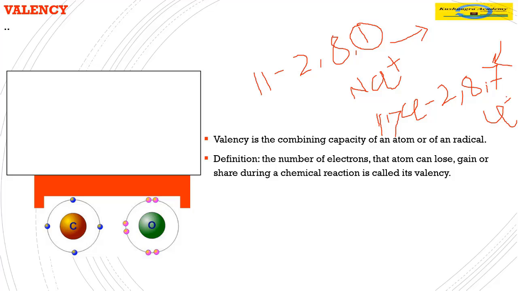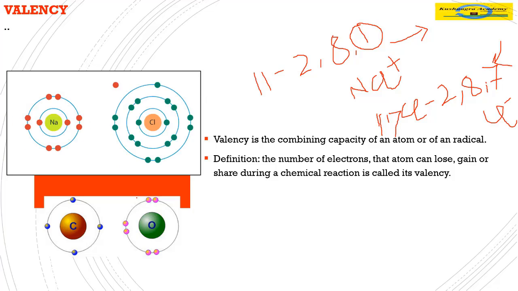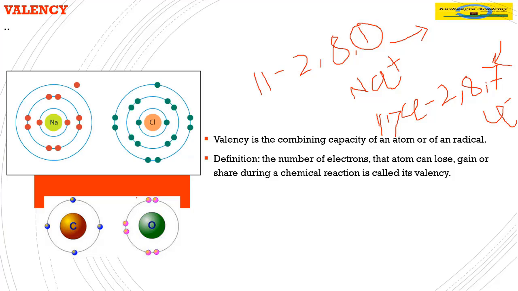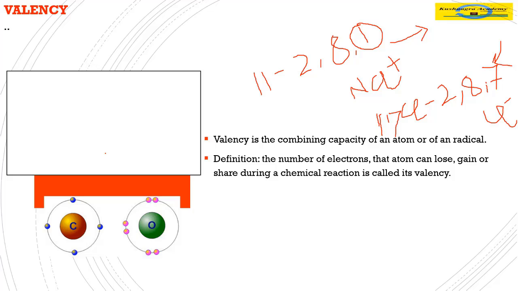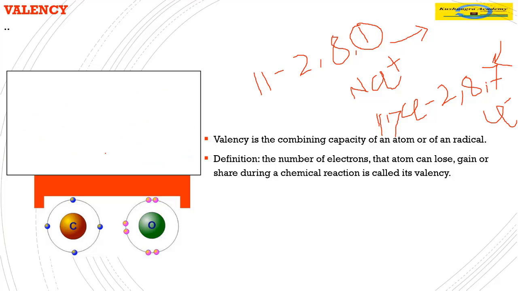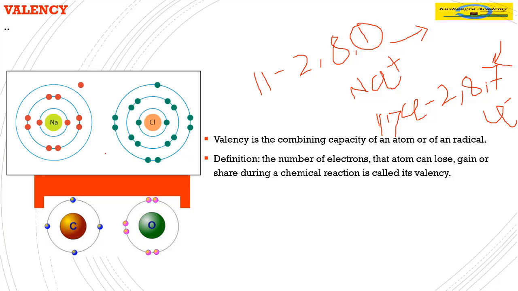So now there is a bond formation between sodium and chlorine. Why? Because sodium is donating 1 electron and chlorine is taking 1 electron. This is called valency. Valency is the combining capacity of an atom or a radical. That means how many electrons you are donating or taking is the valency of that atom.